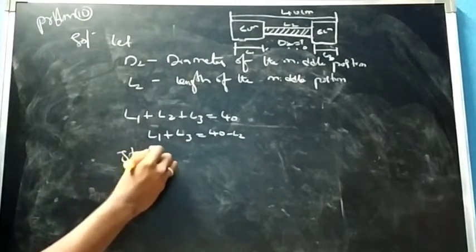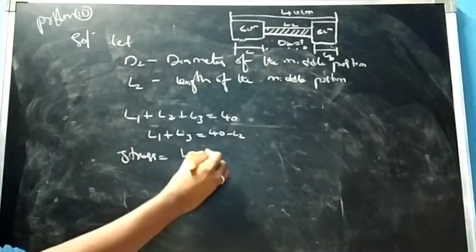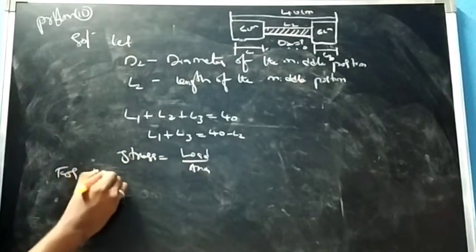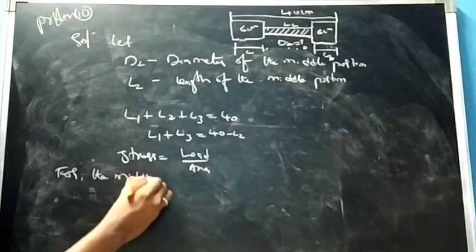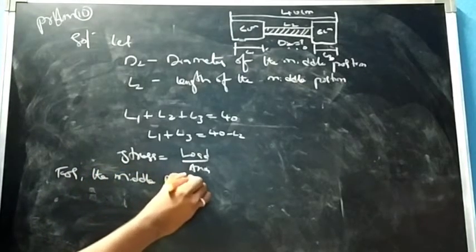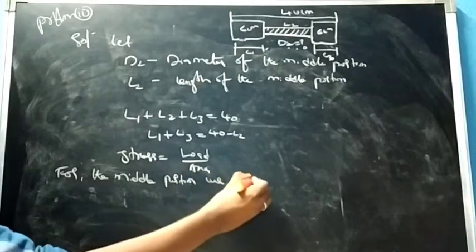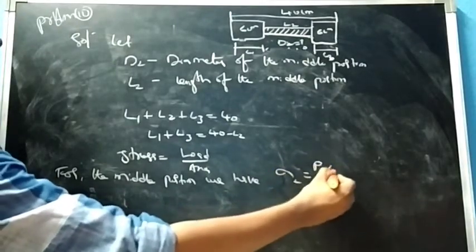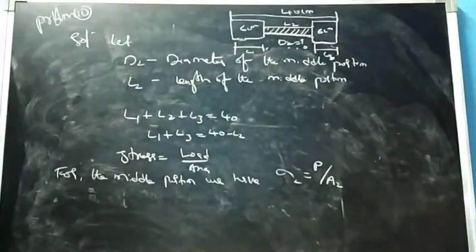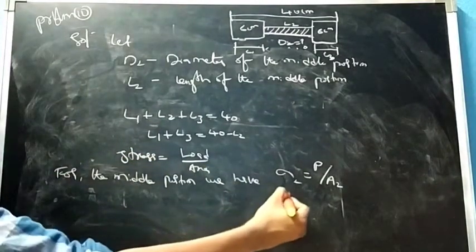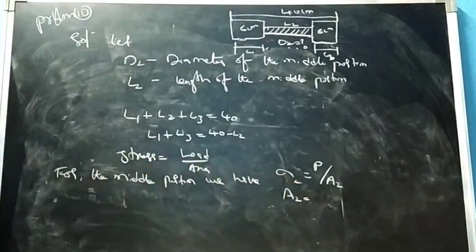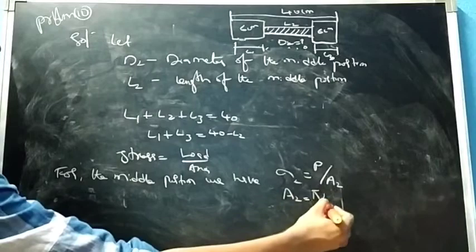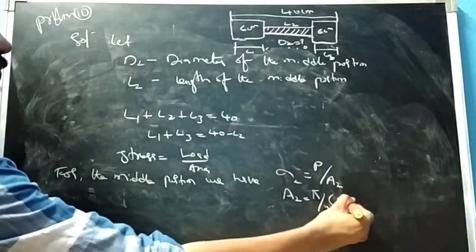Now stress, we know that load on area. For the middle portion, stress is already given. We have sigma 2 equals to P upon A2, right? So A2 equals to pi by 4 D2 square.